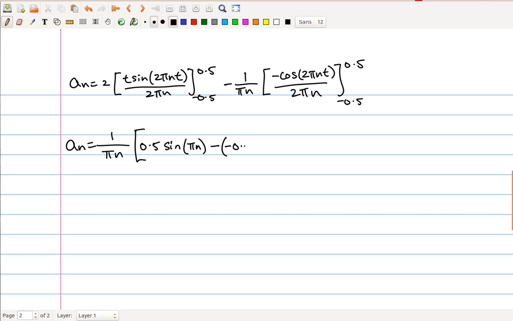So negative 0.5 here, multiplied by sine, again, negative 0.5 in for t. So that gives me negative pi n inside the argument. Okay, so that is basically that bit here. So I'll just close the bracket. That's that bit there.